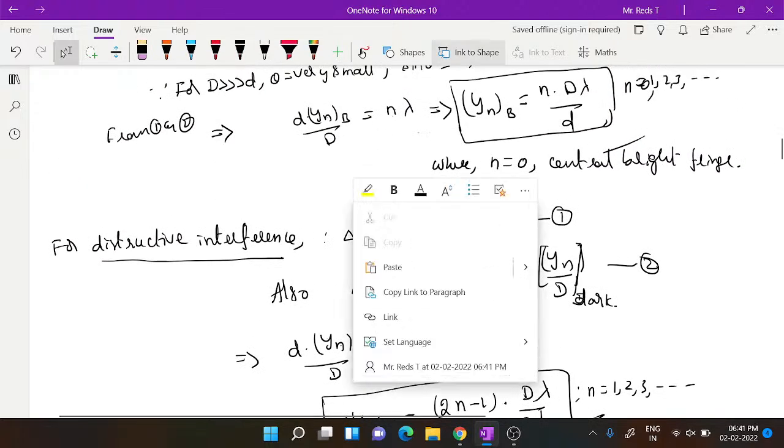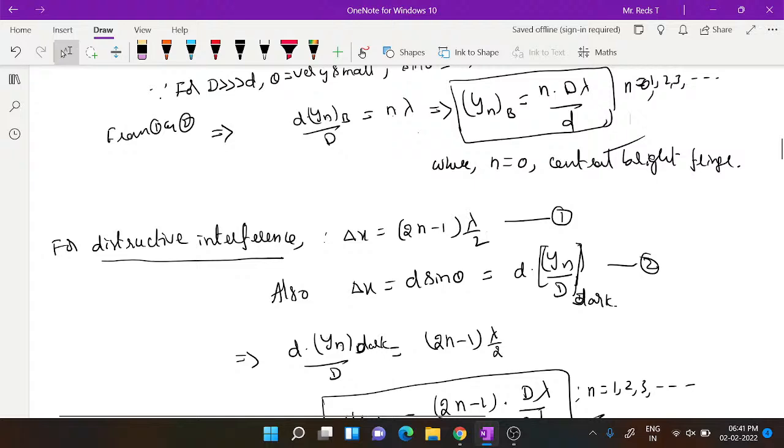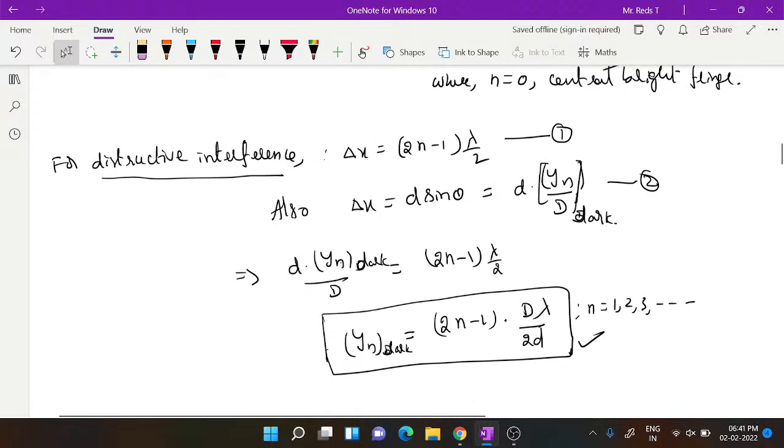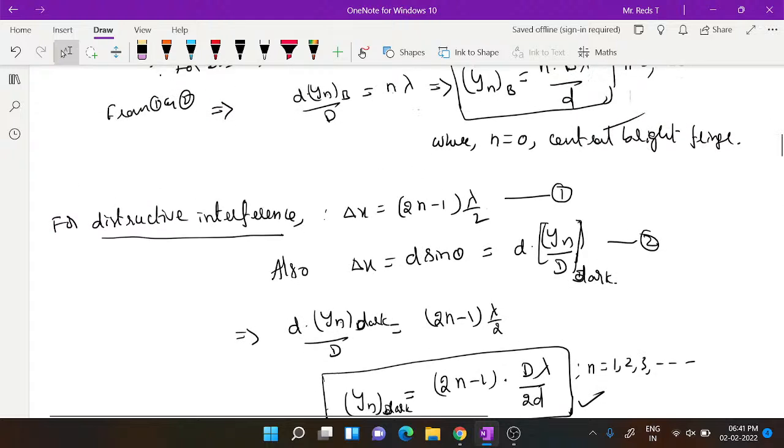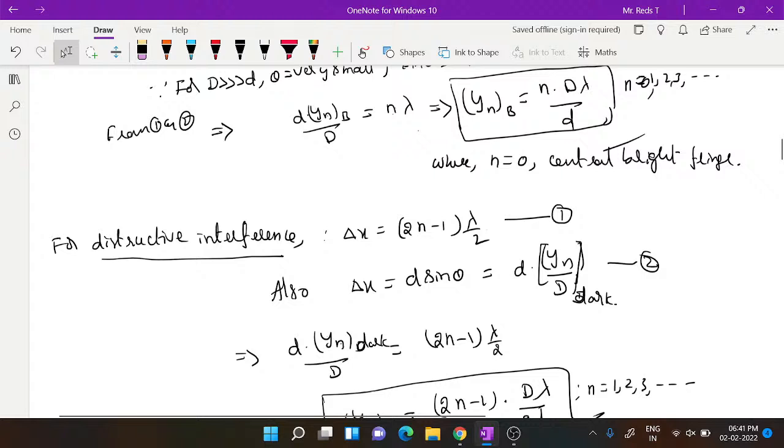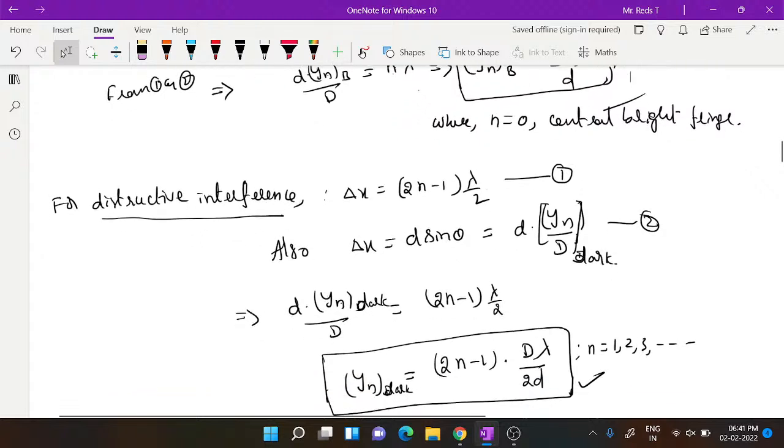What you can understand from this is, if the first bright fringe is at D lambda by d, that means from the central fringe the next bright fringe will be at a distance of D lambda by d for n equal to 1. Whereas the first dark fringe will be at D lambda by 2d.